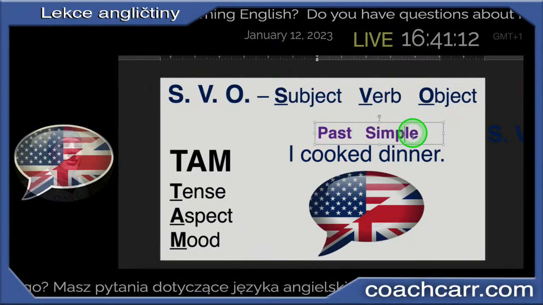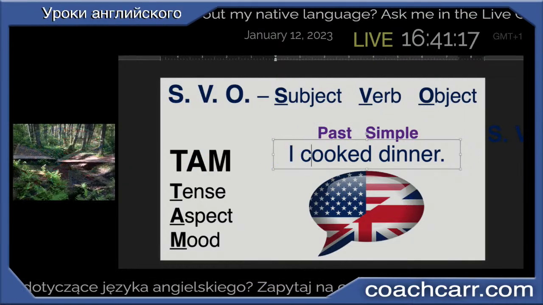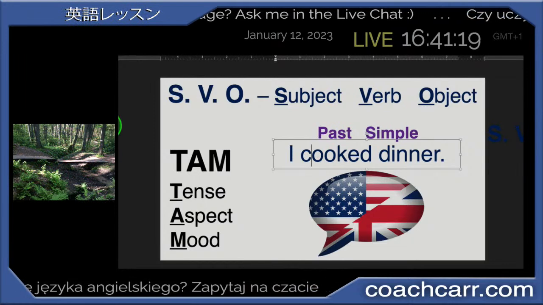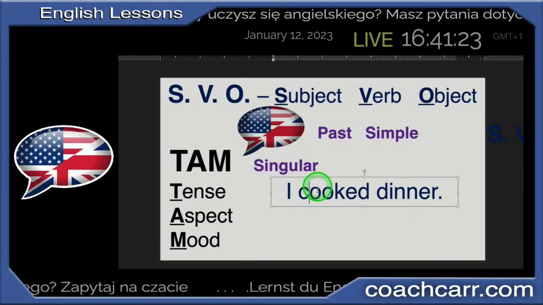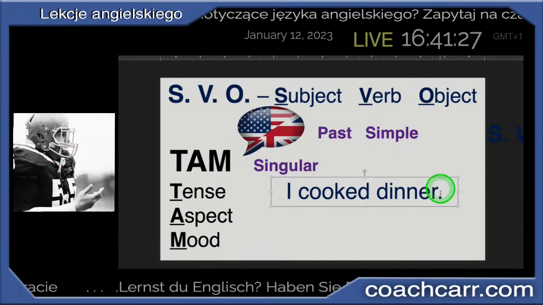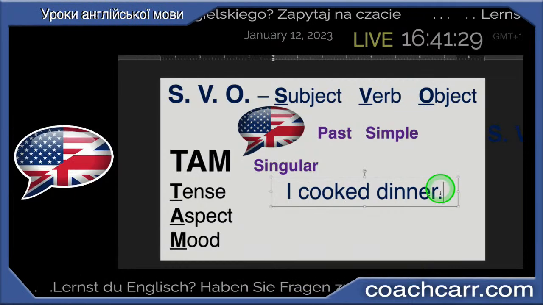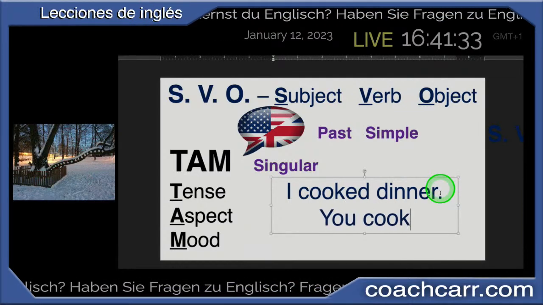It's in the past, it's simple. I'll show you how simple it is, okay? Because if we have in the singular, so just one person doing something, okay, let's get over here. This is really simple. I cooked dinner.